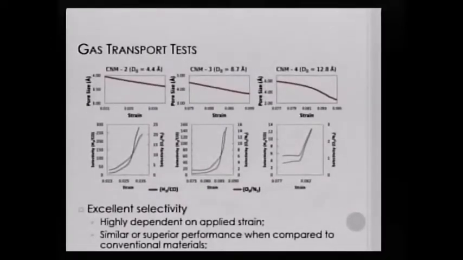So here we have some results from these gas transport tests, and we can see, first, the variation of the pore size for all the three main membranes that were tested according to strain. As we can see here, there's a significant difference of pore size as we apply strain.